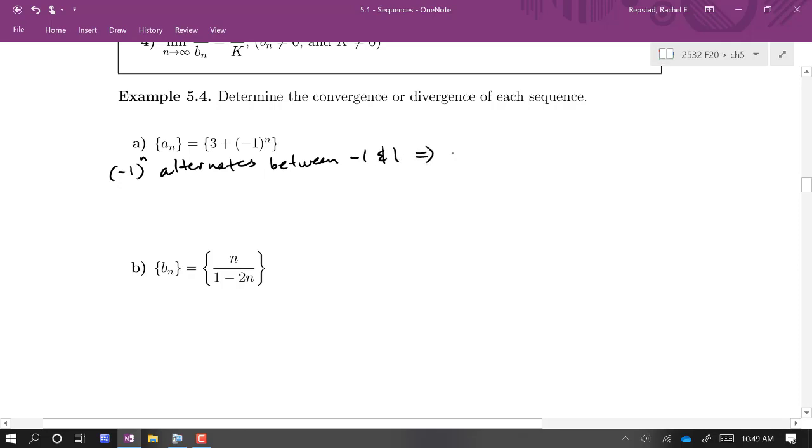And that means that the terms a_n alternate between 2 and 4. So the terms are not approaching a single value. They're not blowing up either, but they're not approaching a single value, and that means that this sequence of a_n values diverges.